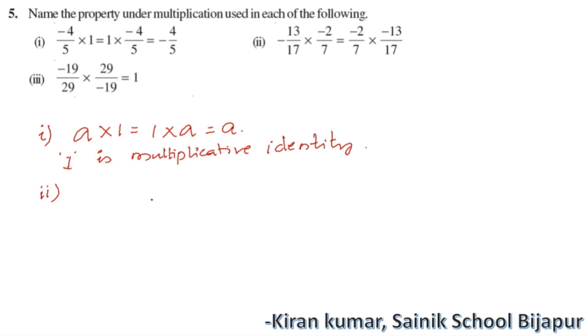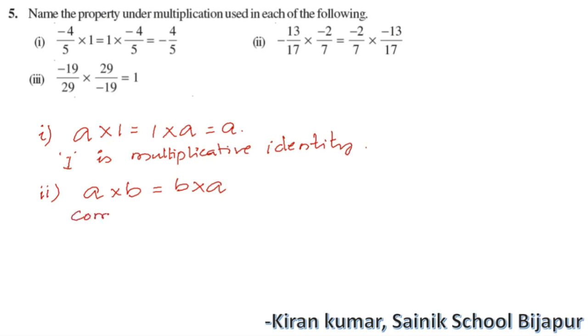Look at the second one. Here the numbers negative 13 by 17 multiplied to negative 2 by 7 is equal to negative 2 by 7 multiplied to negative 13 by 17. Whenever a is multiplied to b, this will be same as b multiplied to a.